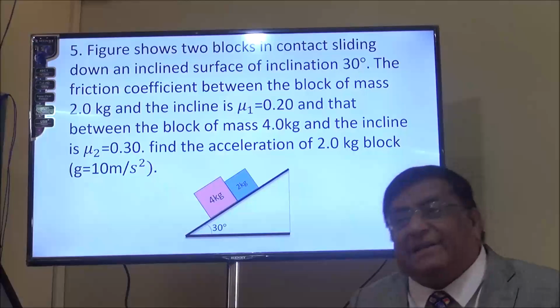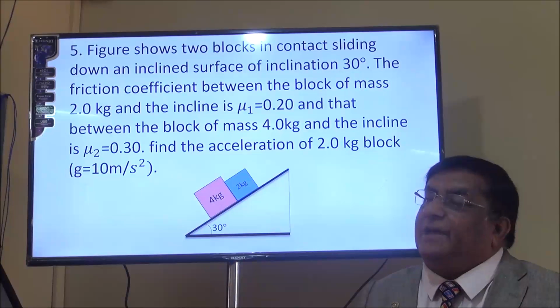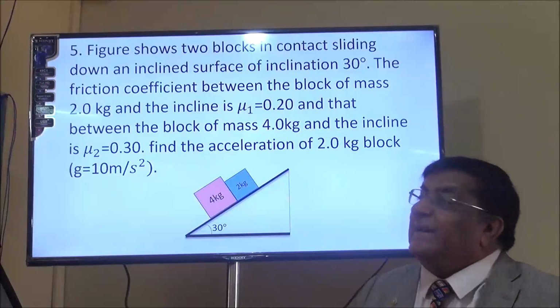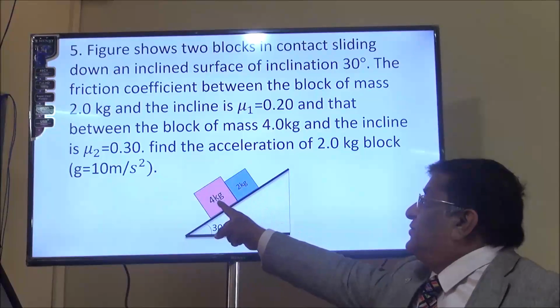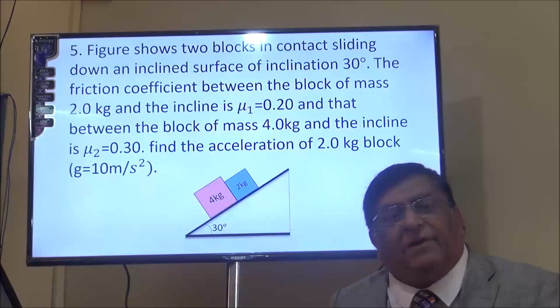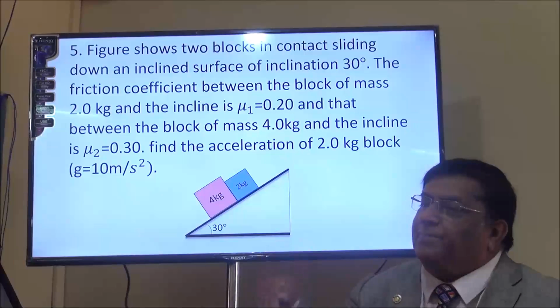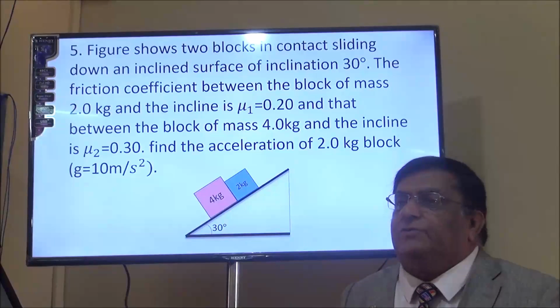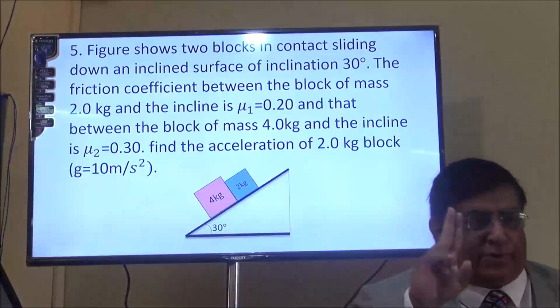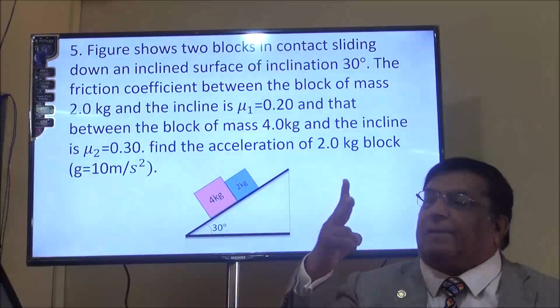But in case both are moving with the same velocity, same acceleration, no gap. But in case this is faster, this is slower, then they will remain in contact and keep moving. So there are two possibilities, that they are moving together or they are moving separately.